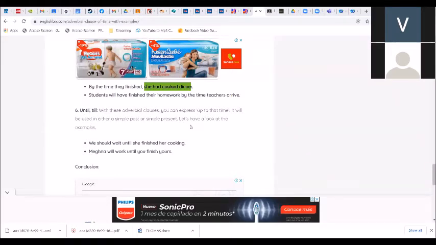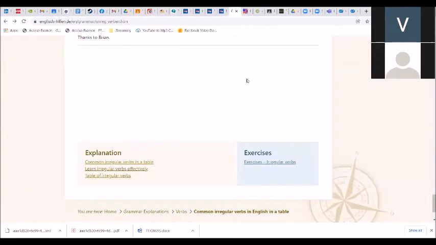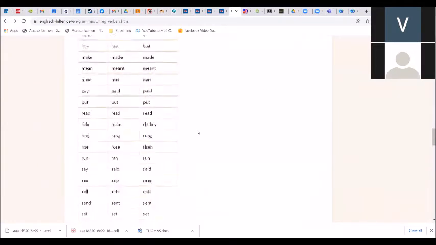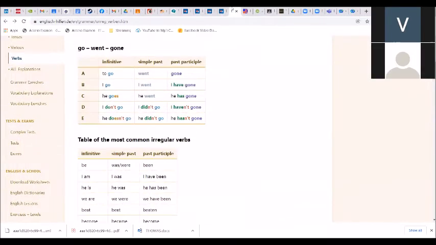We should wait until she finishes her cooking. Megan will work until you finish yours. All right. Now we really want to practice these types of adverbials, but we need to know all of them. Why? Because we're going to be practicing the transition of verbs from their base form to their third form. All right.